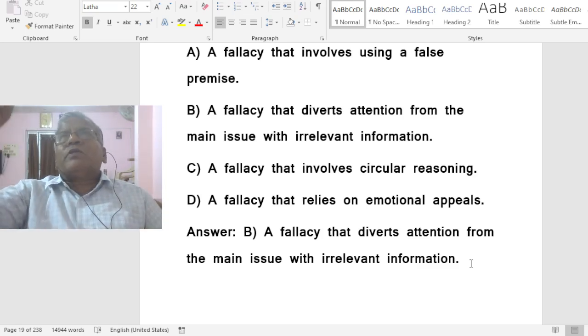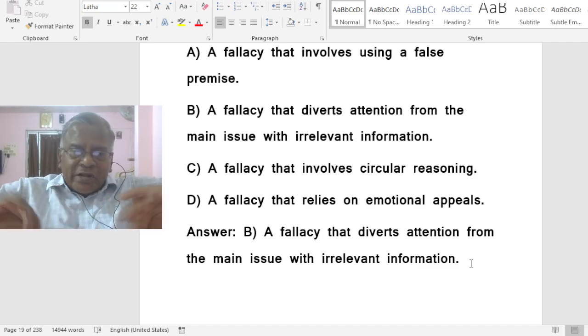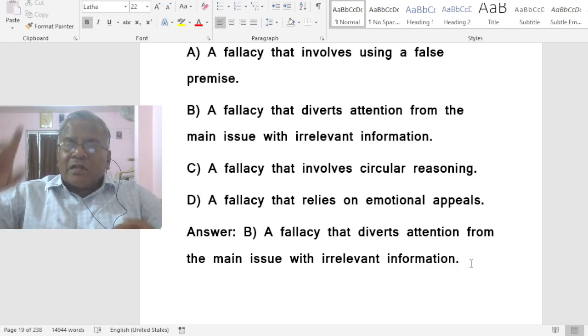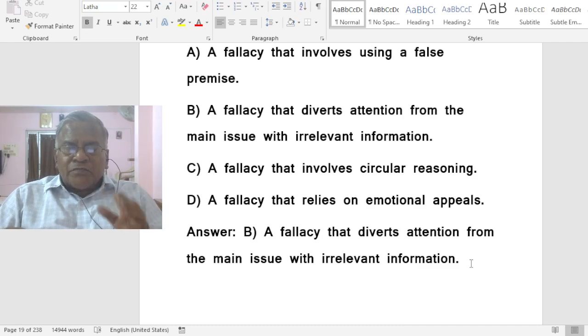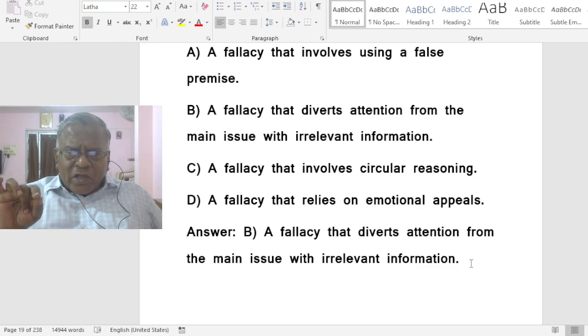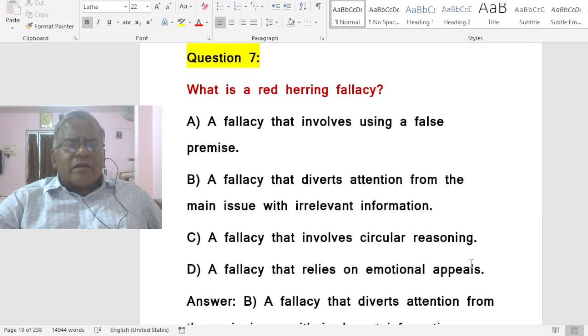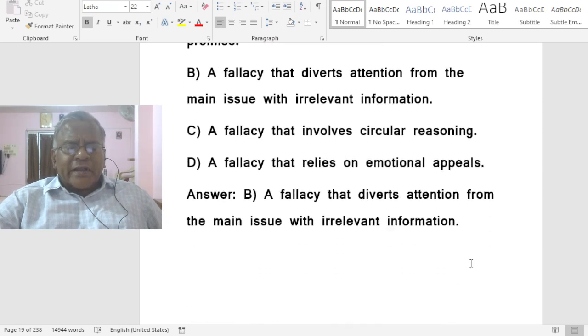The other day you did like that. So see, the main issue will be diverted here. See that last year what did you do to me? In the month of June, what you did to me? Like that, he goes on arguing like that without entering into the main issue. This is called a red herring fallacy.